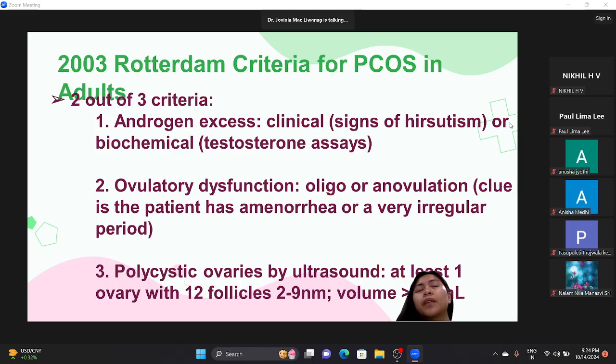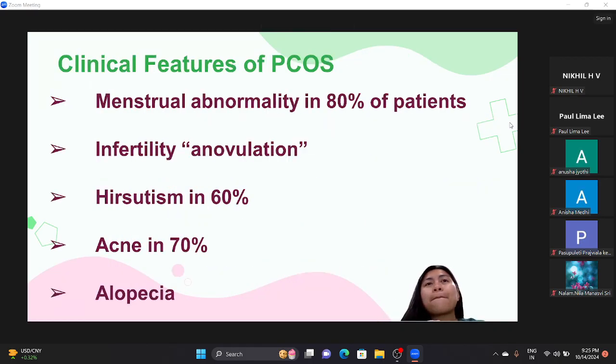And last but not the least is the patient having polycystic ovaries by ultrasound. So how is this? At least one ovary with 12 follicles. The size of the follicle should be 2 to 9 millimeters or the ovarian volume of 10 ml. So that's the criteria for the ultrasound. So what are the features of PCOS?